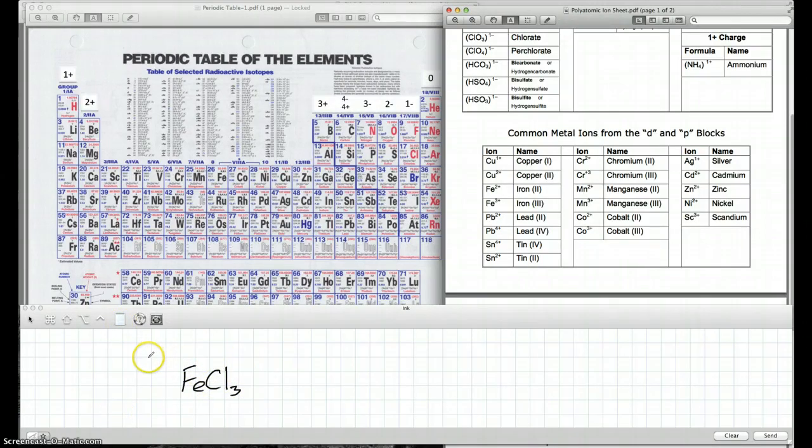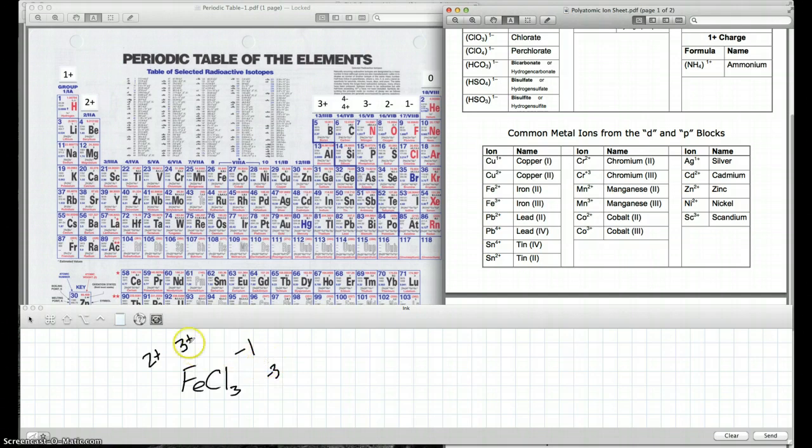Okay. Iron, we know, can either be a 2+ or a 3+. We don't know which. We do know what chlorine is. If we look up here, chlorine is always a -1. So chlorine is a -1, and we have 3 of those. 3 times -1 is a total of -3.